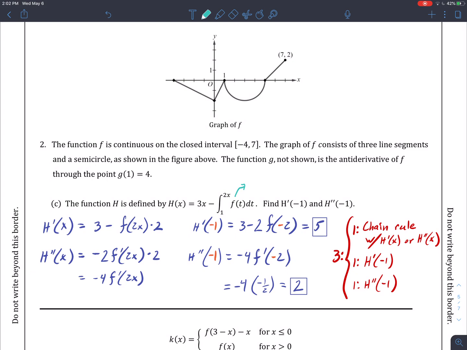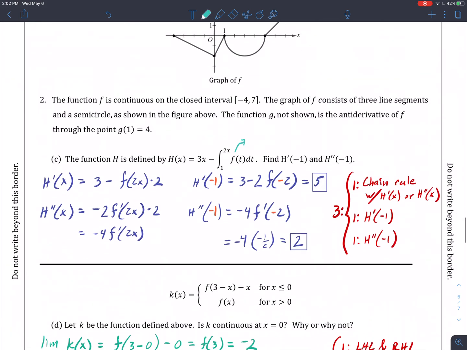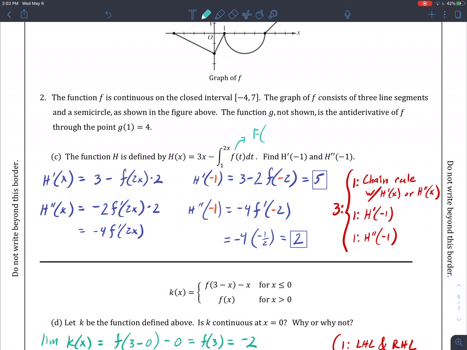If I wanted to integrate it, I would have to find, let's say we found capital F. I'd have to find capital F at the upper bound 2x, minus capital F at the lower bound 1.